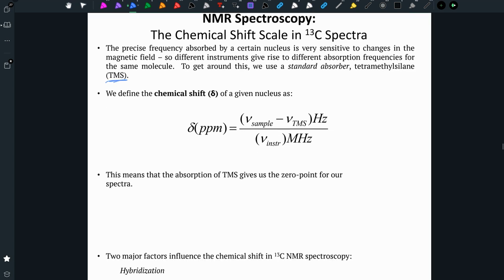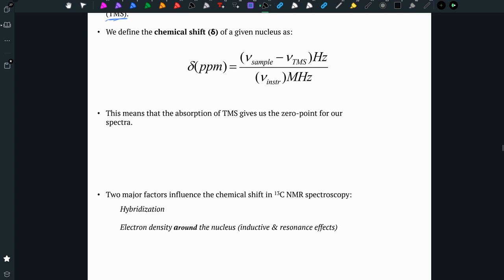All right, so what is TMS? TMS is tetramethylsilane. Now, here's the thing to know. Silicon has a low electronegativity. It's something like 1.8 maybe. You can look it up on your periodic table.